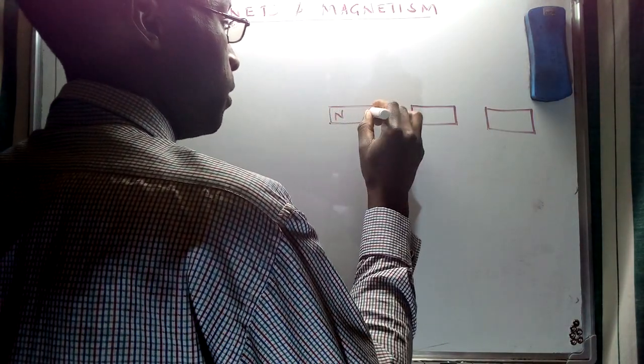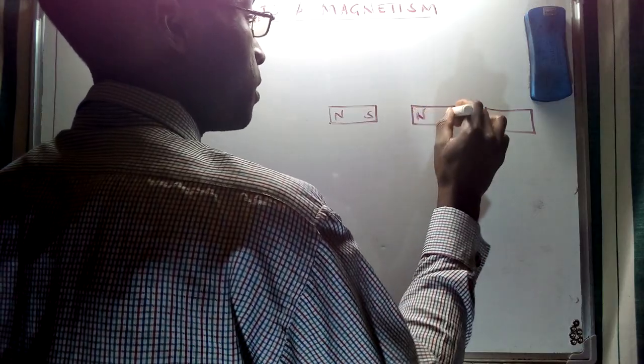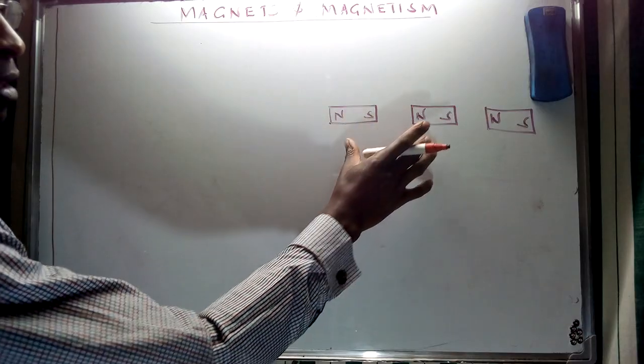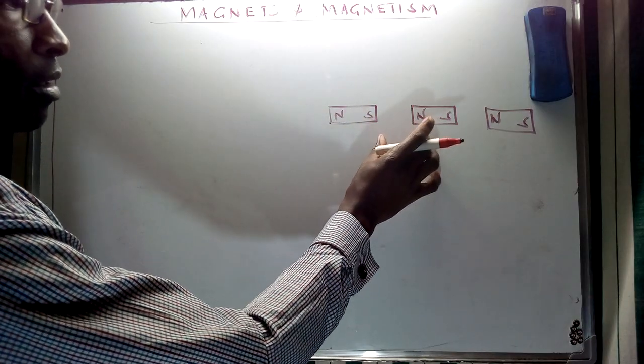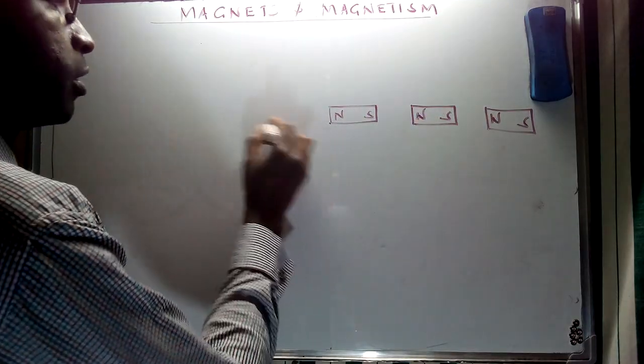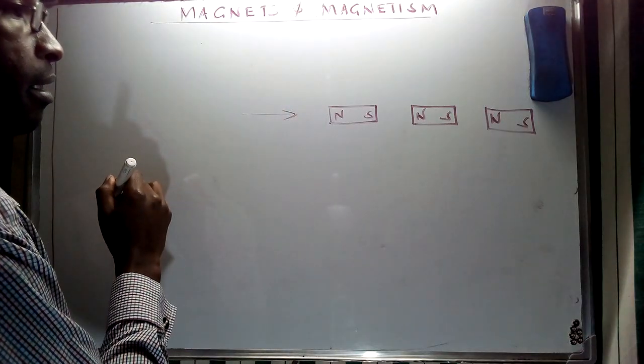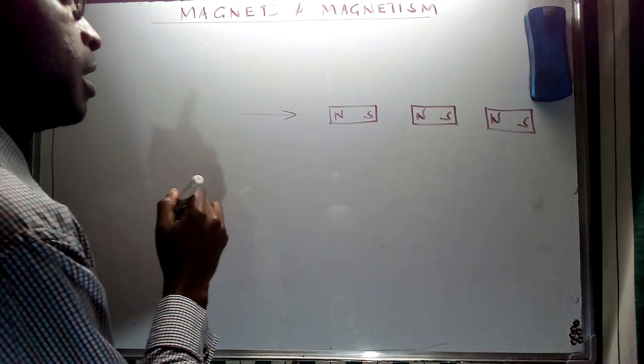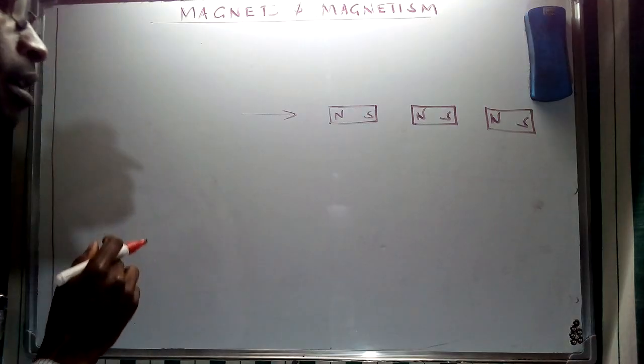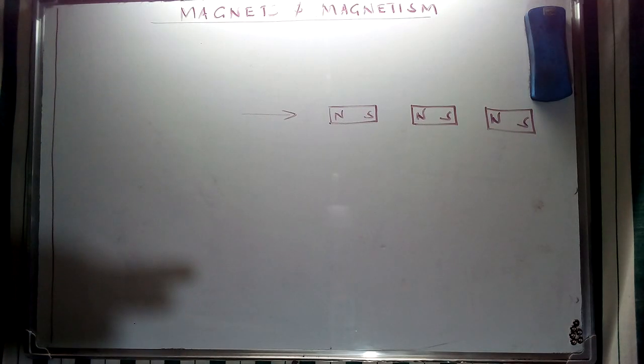So we have north-south, north-south, north-south. Due to the fact that these particles are going to attract one another due to the opposite poles facing one another, there's going to be an ordered alignment of these particles. So this is going to be displaying the magnetic property.